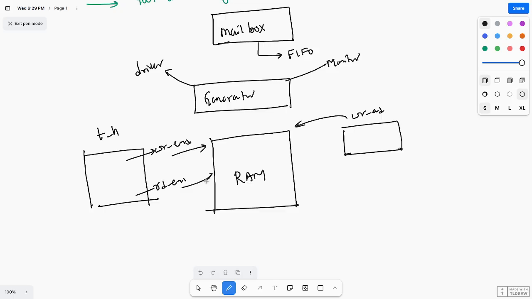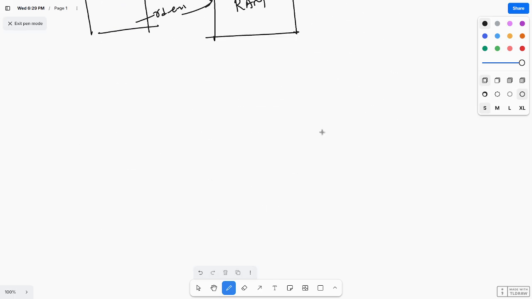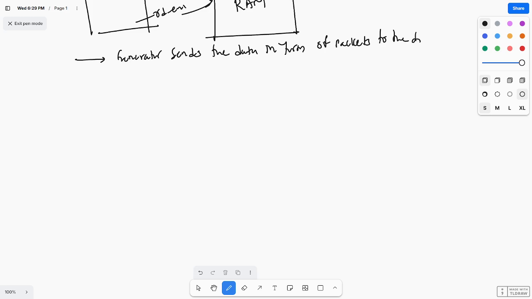Here I will write some points. The generator sends the data in the form of packets to the driver.